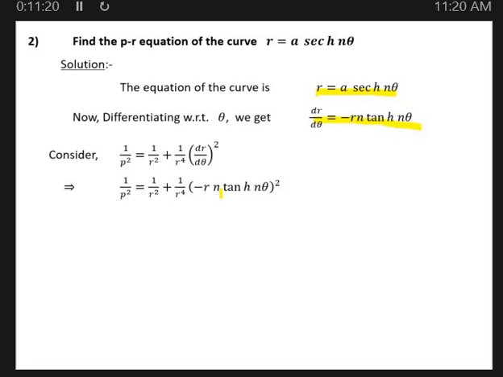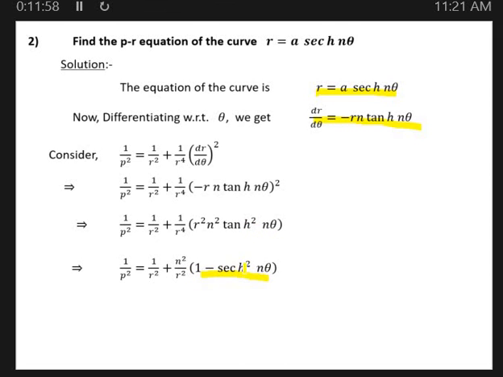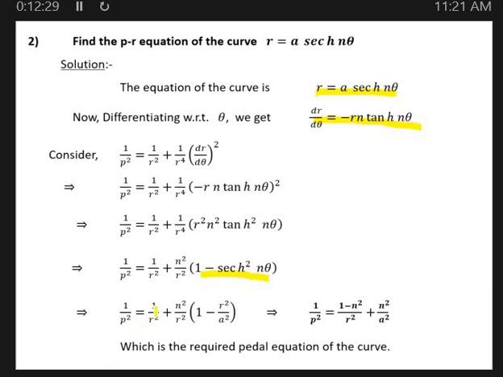Now squaring this and simplifying, we get 1 by p square is equal to 1 by r square plus 1 by r to the power of 4 into r square n square tan hyperbolic square n theta. Now cancel one r square and substitute tan hyperbolic square n theta is 1 minus secant hyperbolic square n theta. 1 by p square is equal to 1 by r square plus n square by r square into 1 minus r square by a square.